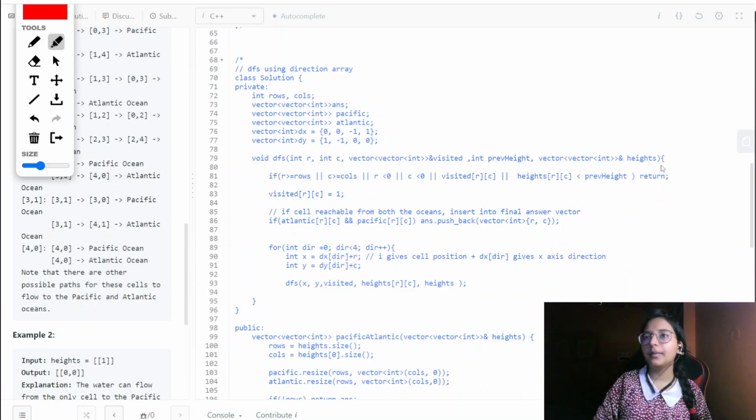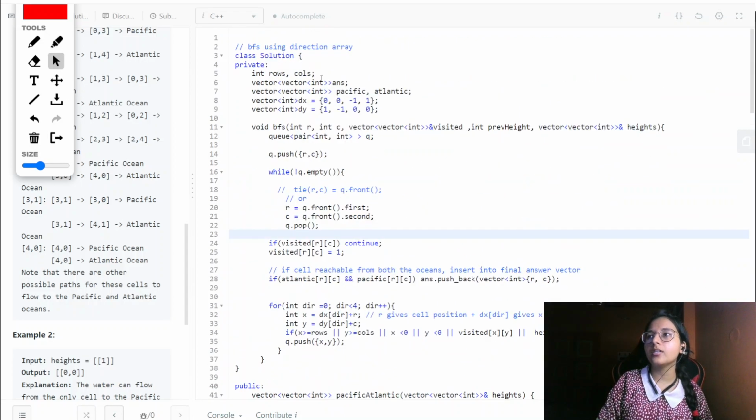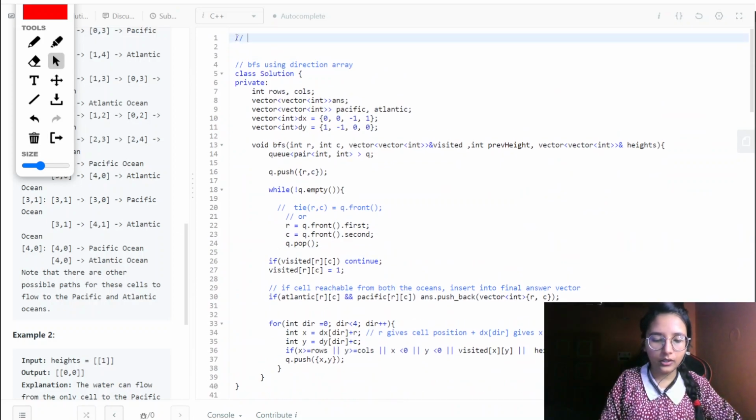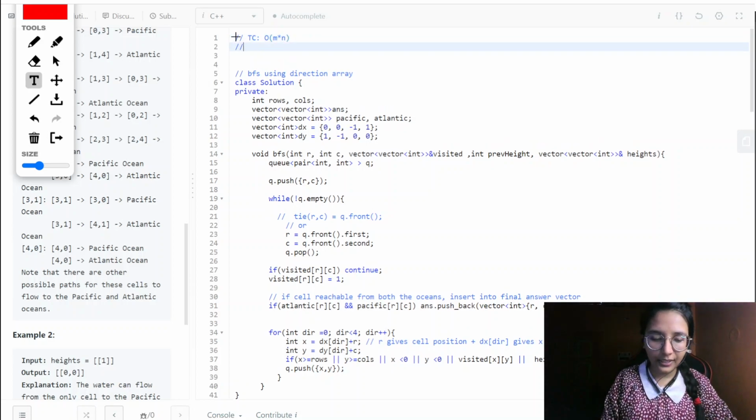Now comes the part on the time complexity and space complexity for this particular question. The time complexity is order of m into n, and the space complexity is order of n into m.